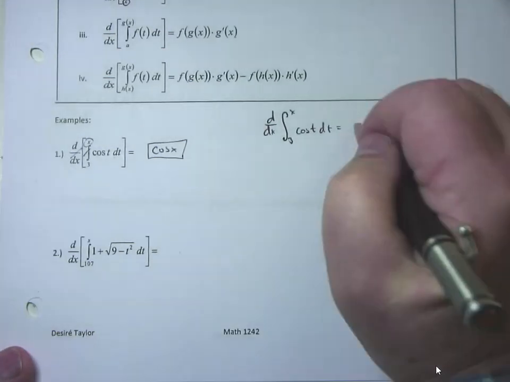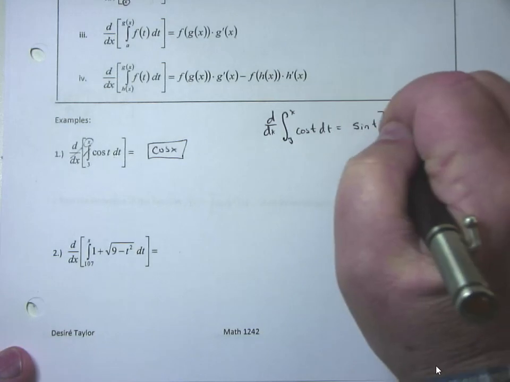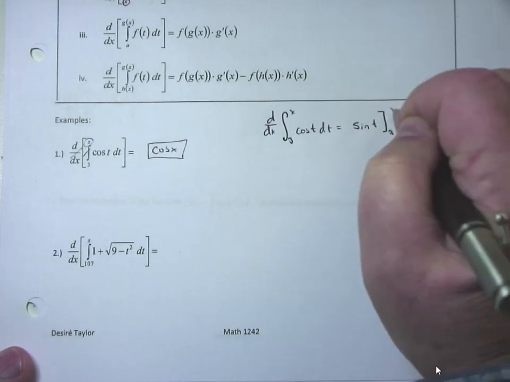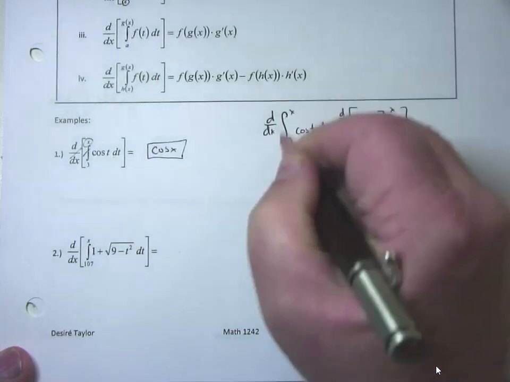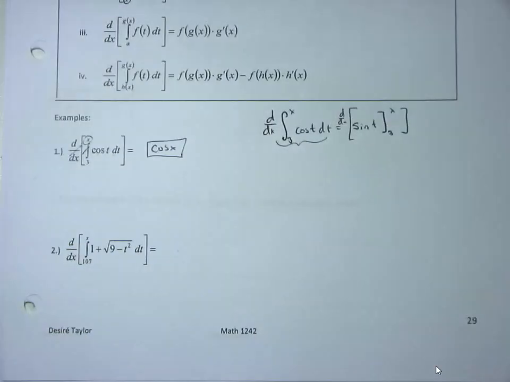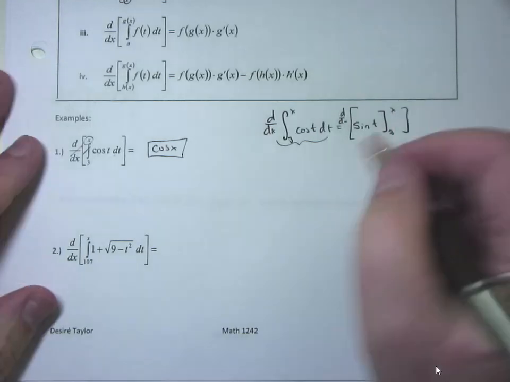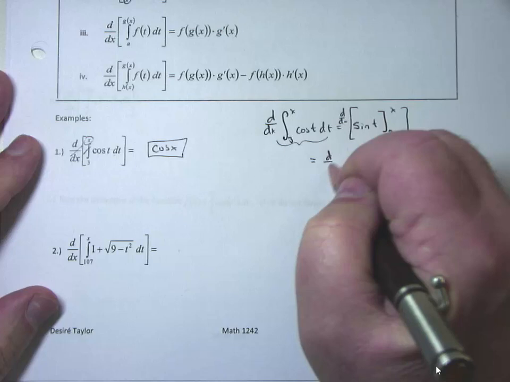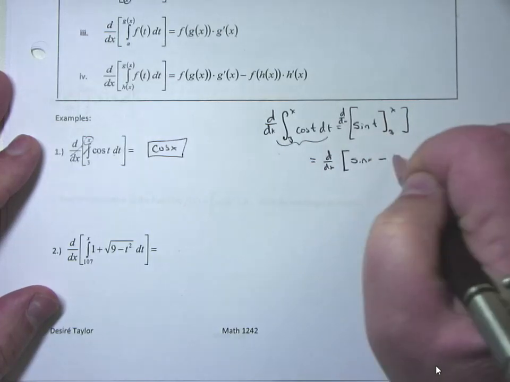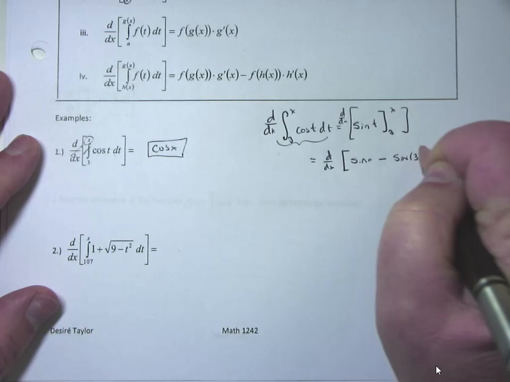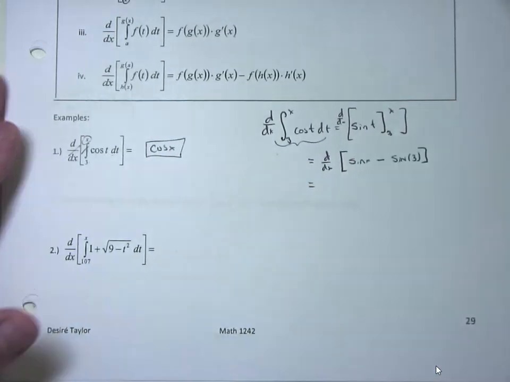Sine of t, evaluated from 3 to x, and then eventually we're going to take the derivative of it. I'm working inside the parentheses first. So I actually did that. I integrated cosine, and I get sine t. According to the fundamental theorem of calculus, we plug in top minus plug in bottom. So this would be the derivative of plug in top, the sine of x, minus plug in bottom, the sine of 3. Now, take its derivative.